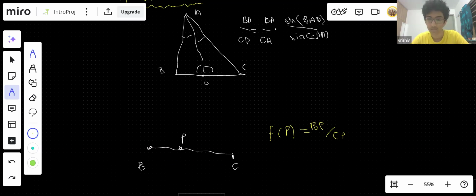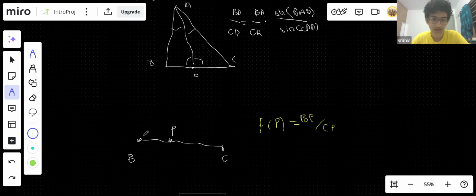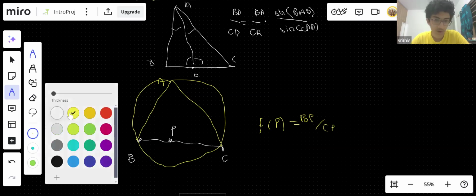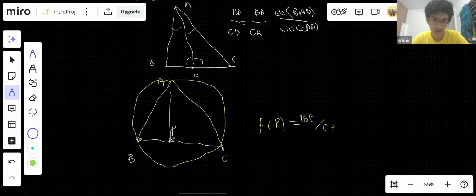Now if I make a triangle and draw the circle, the normal ratio lemma says BP over CP is BAP over CAP times BA over CA.